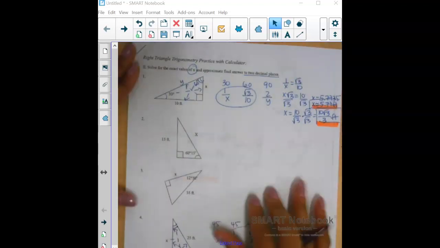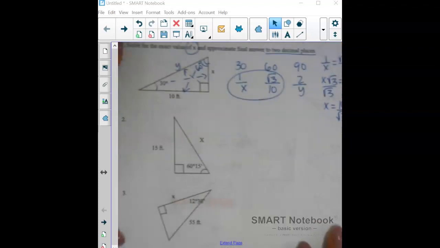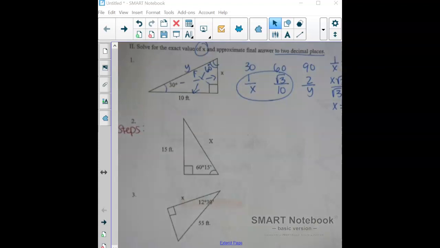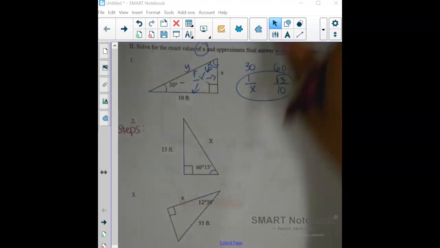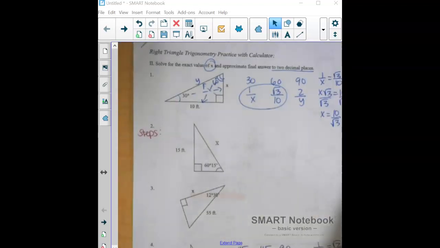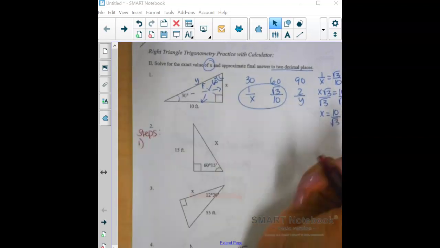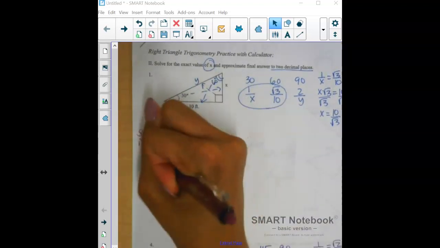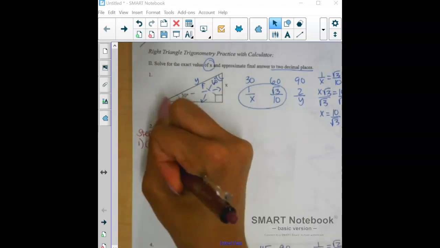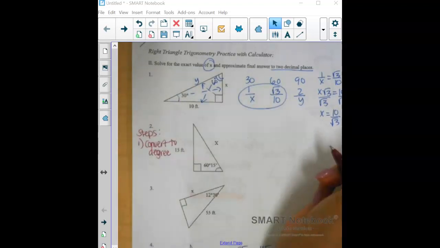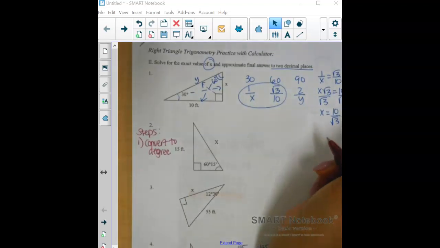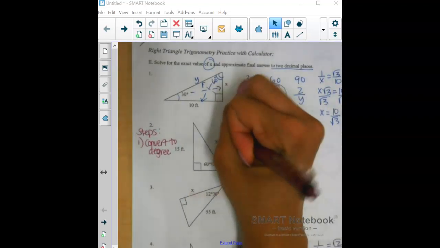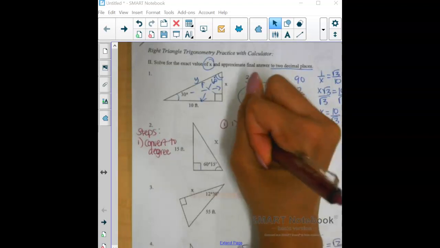Okay, so on this side for question 2, I'm going to put some steps over here along the side just so you guys have it in case you forget what to do after break or after a weekend. Okay, so step 1, you guys already have agreed, we need to convert to degree, specifically, decimal degree. So first step, part 1 is to label the degree.